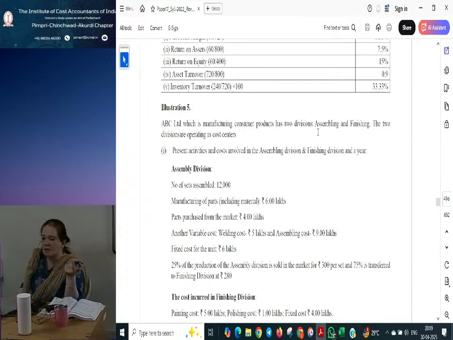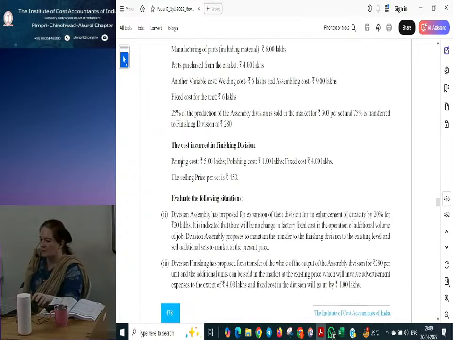In the finishing division, certain costs will be included and then it will be sold out. Like painting cost, polishing cost, fixed cost, and then the selling price per set is 450. When it goes through the finishing division, it is sold at 450. When it is sold from the assembly division, it goes at 300 per set.